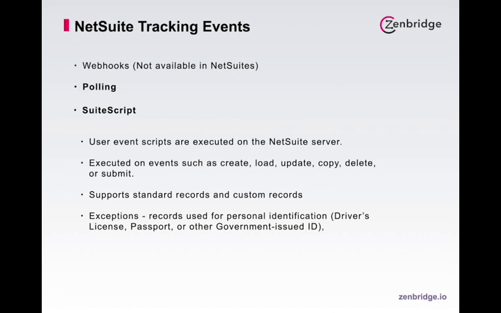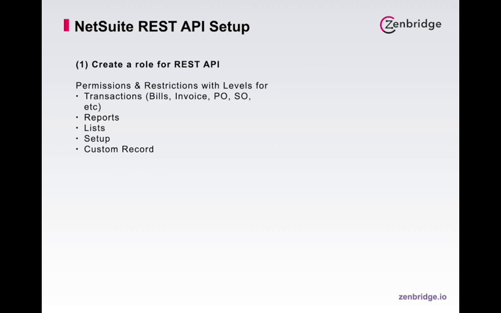Now, given all this, I want to walk you through how to set up your NetSuite REST API. There are 3 steps here. The first thing that you need to do is create a role for your REST API, so you can define the permissions and also list down the restrictions. There are several levels as well.